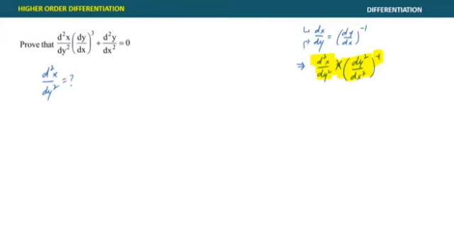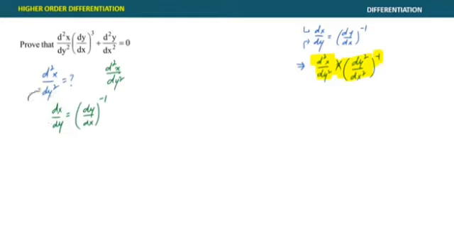So the first target in this particular problem is to figure out the value of d square x by dy square. Okay, so now let us start again with dy by dx. We know that dx by dy can be written as this. Up till this stage there is no problem. Now we want to differentiate this particular quantity to form this.